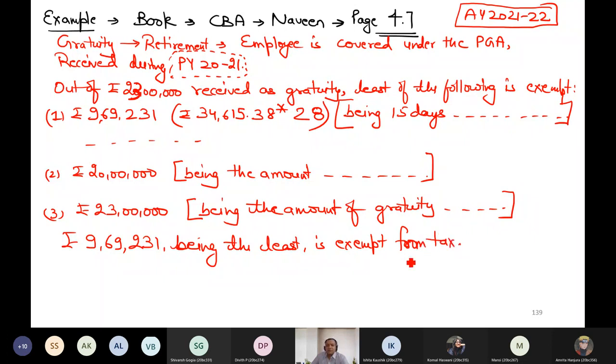If this is exempt, then how much is taxable? So this is how you compute. Total received gratuity is 23 lakh.